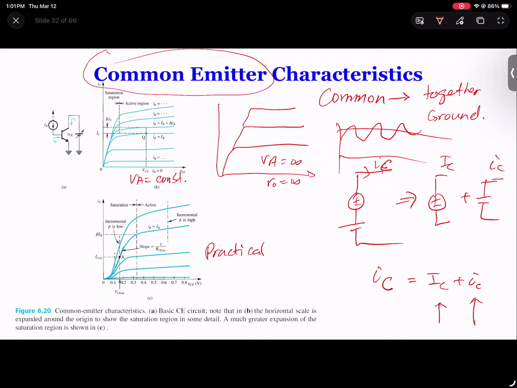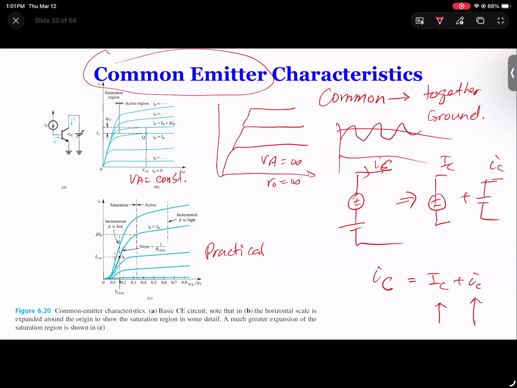The top one is still not ideal, but it doesn't look at the details of the saturation area; it's more like a linearized circuit. This is a more practical circuit. As you increase VCE, if your VB is small, it doesn't change. But when VB increases, this line starts to get slanted more and more. So that's a group of curves.